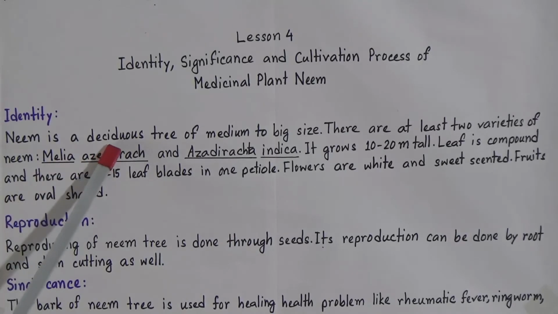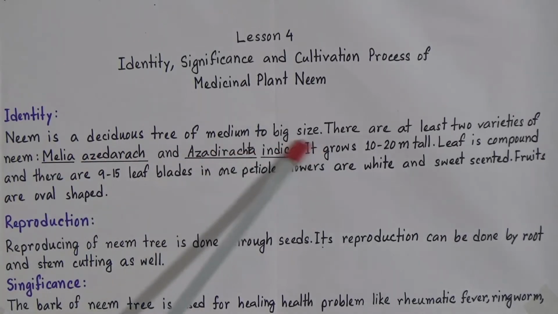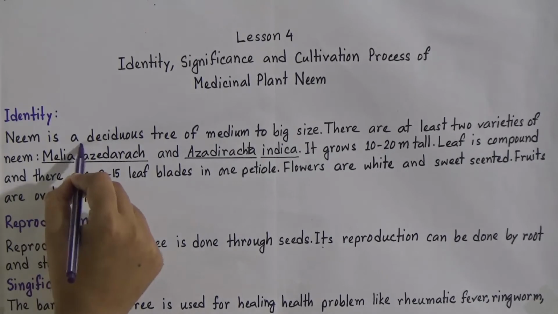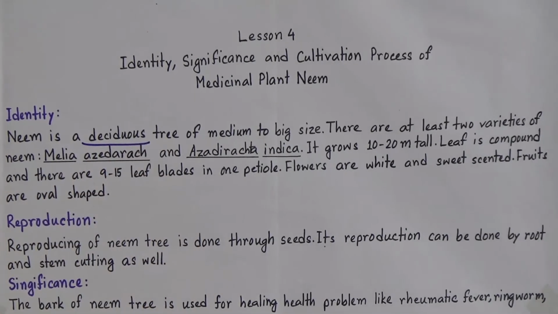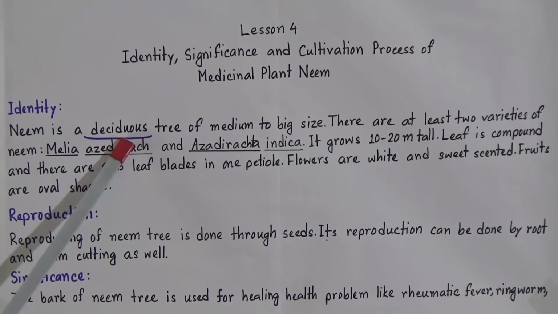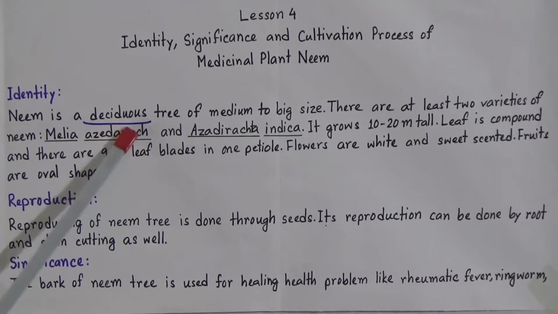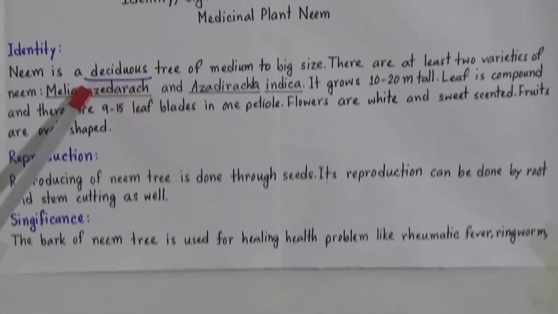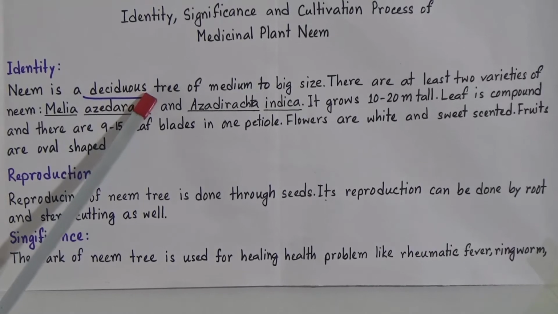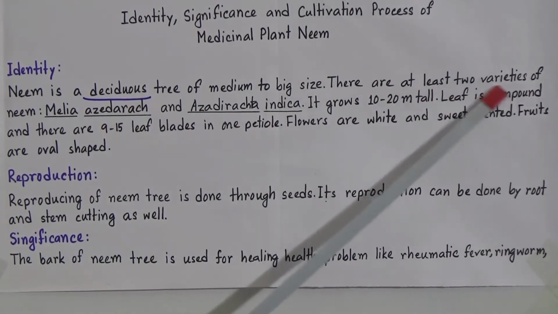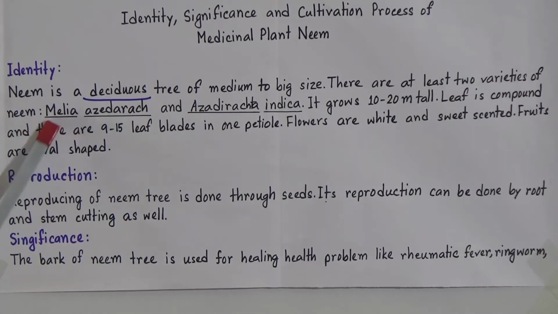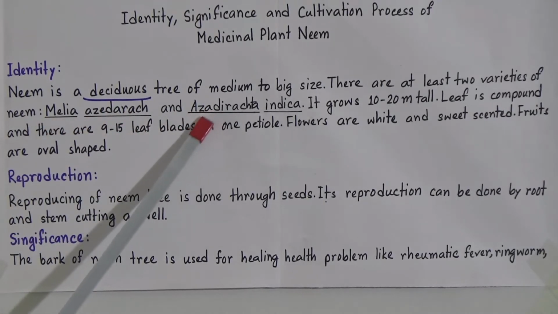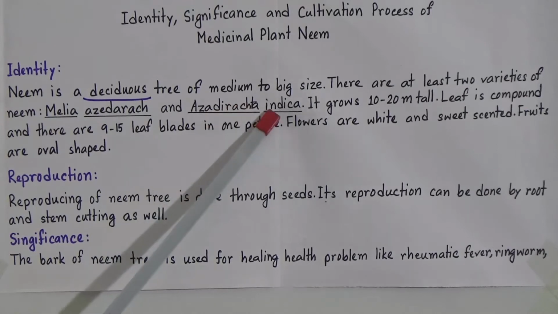Neem is a deciduous tree of medium to big size. Deciduous means in winter the leaves fall down. That means it sheds leaves during the winter season. So that is why it is called a deciduous tree. And there are at least 2 varieties of neem. What are they? Melia azadirachta and Azadirachta indica.